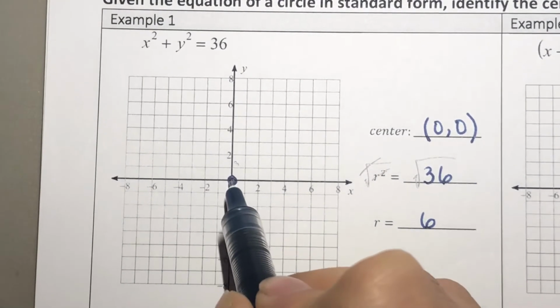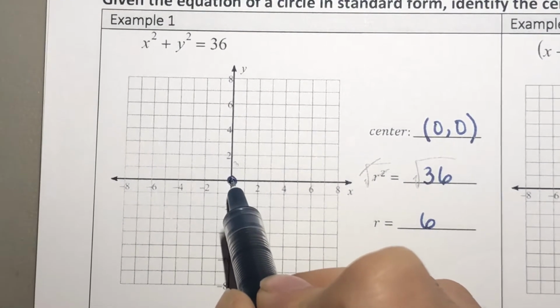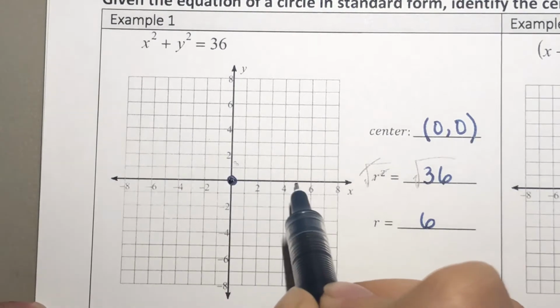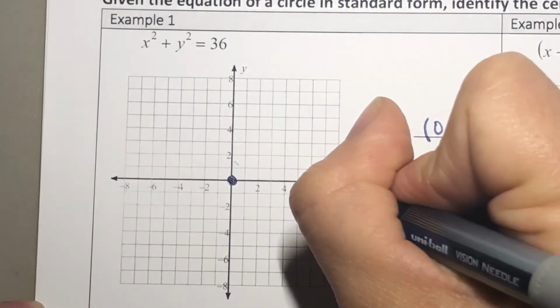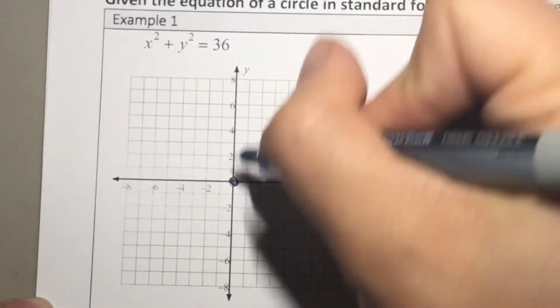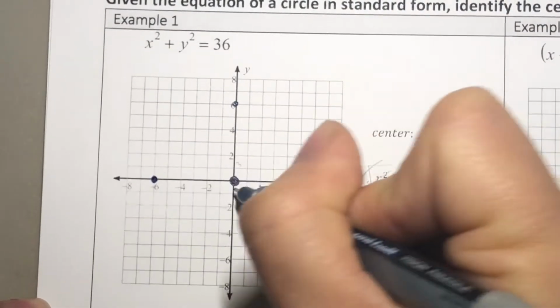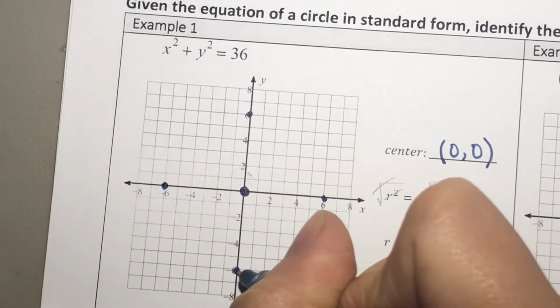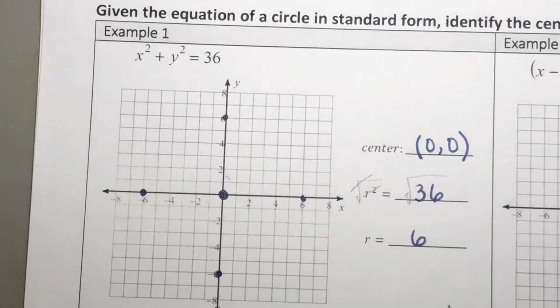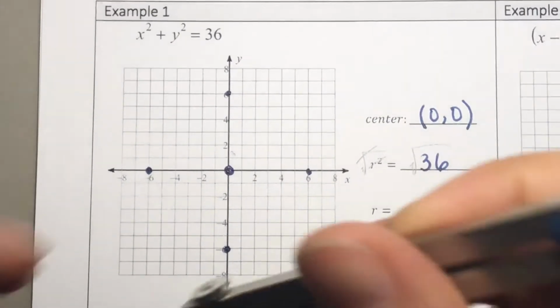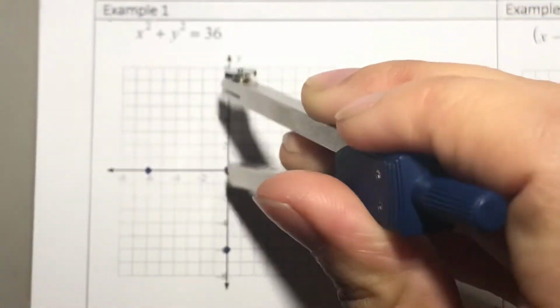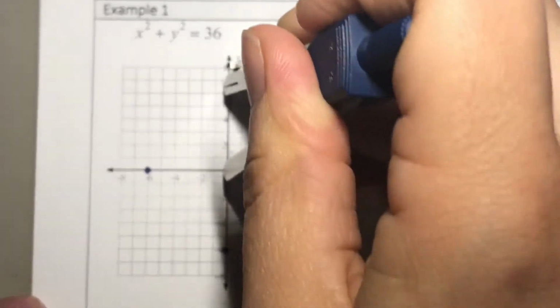So all we have to do, starting at the center, go 6 units to the right, 6 units up, 6 units to the left, 6 units down, and then if you have a compass, use your compass to connect those points and draw your circle.